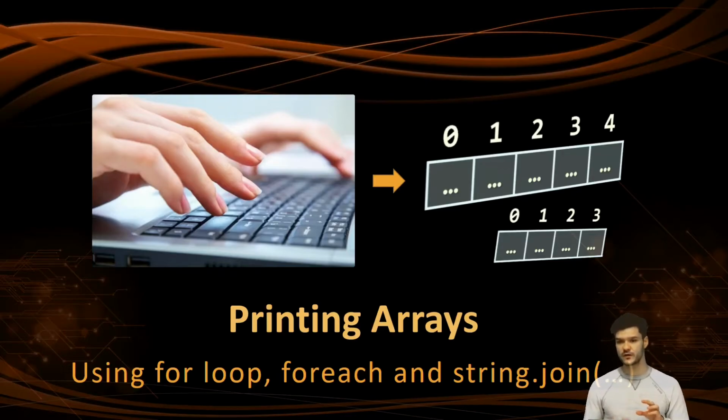We have already used a for loop to print arrays, but there are a couple of different methods with a for each loop, and if you want to print a whole array on a single line, we can use string.join, which is a really nice way to print an array if you don't want to use a for loop and want to use only one line.